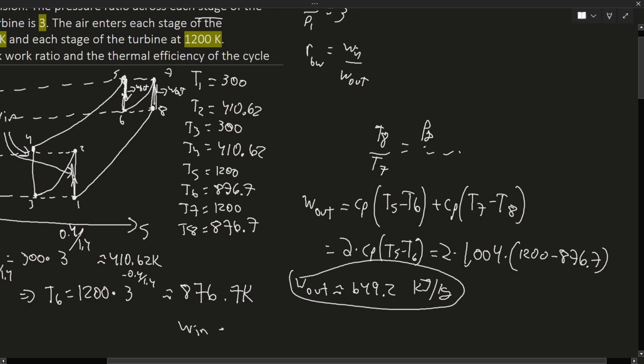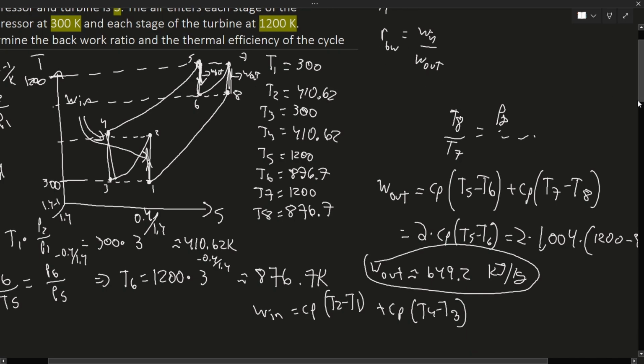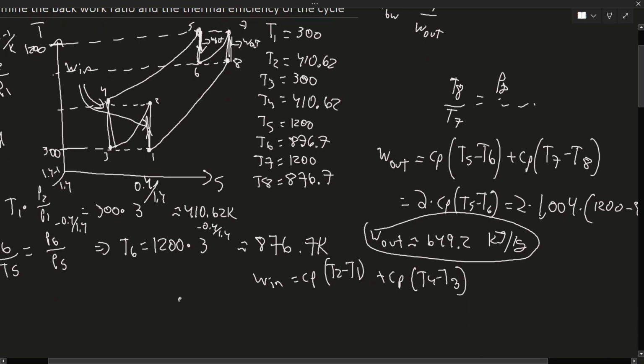Work in is equal to, over here, these straight lines: Cp times (T2 negative T1) plus Cp times (T4 negative T3). Again, these are the exact same lines over here, so I'm just going to simplify it by multiplying by 2. 2 times Cp times (T2 negative T1) equals 2 times 1.004 times (410.62 negative 300).